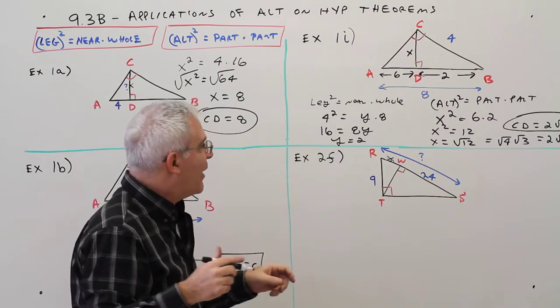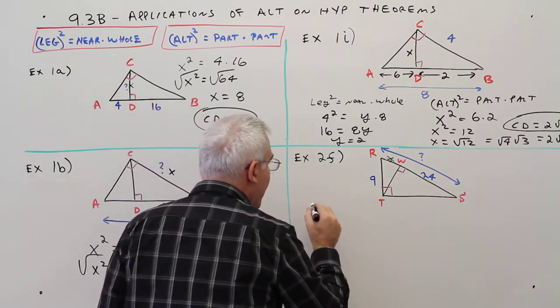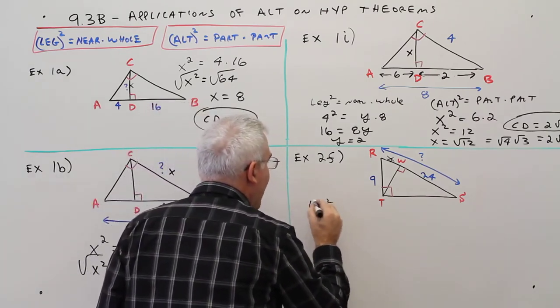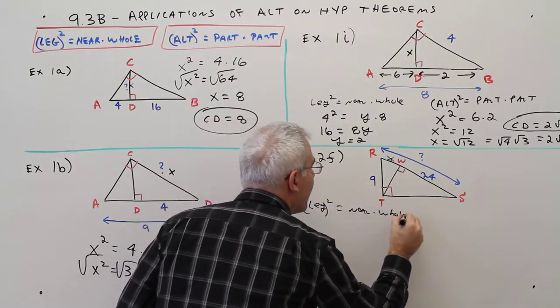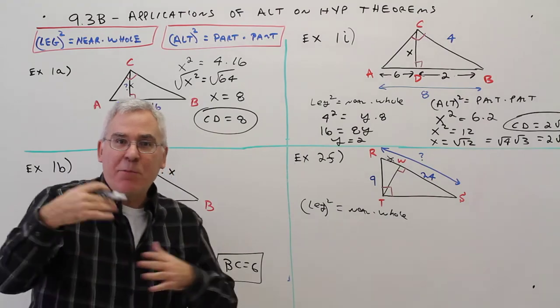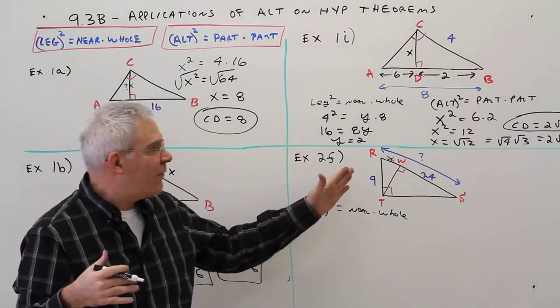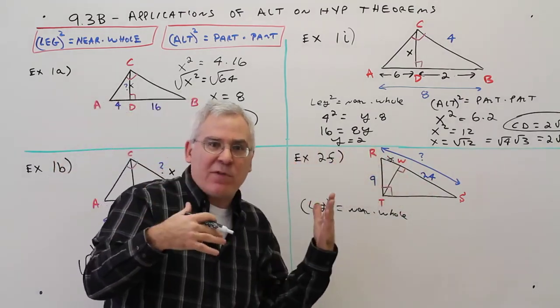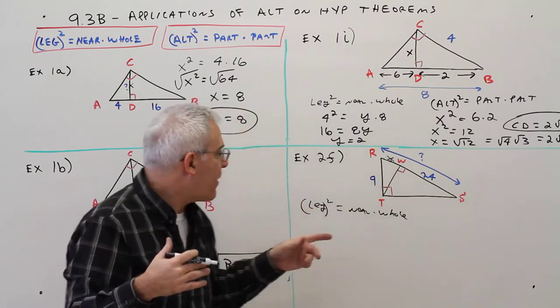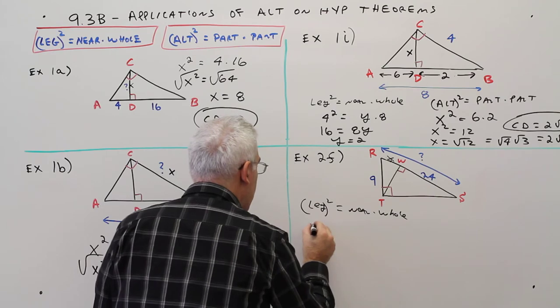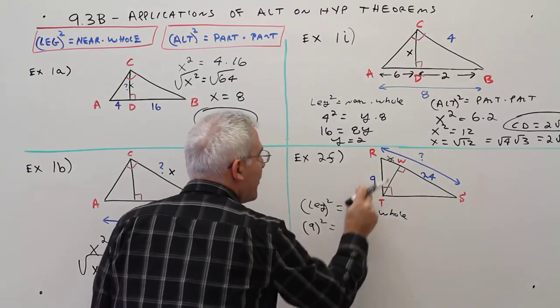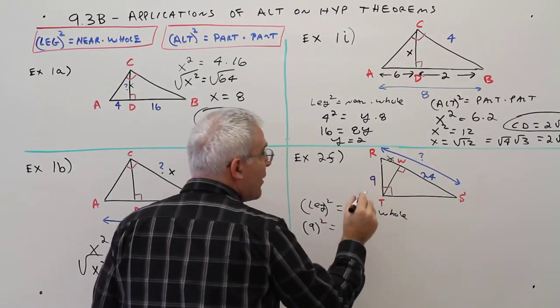All right, so let's write down the formula. So leg squared equals near times whole. And again, whenever you're setting up variables, if you have a choice, if you've got a leg, put your variable by the near side. It just makes your work easier. All right, so 9 squared equals near x times the whole.